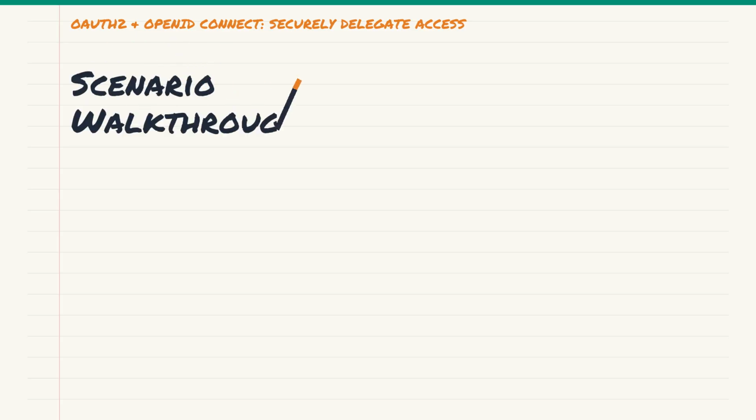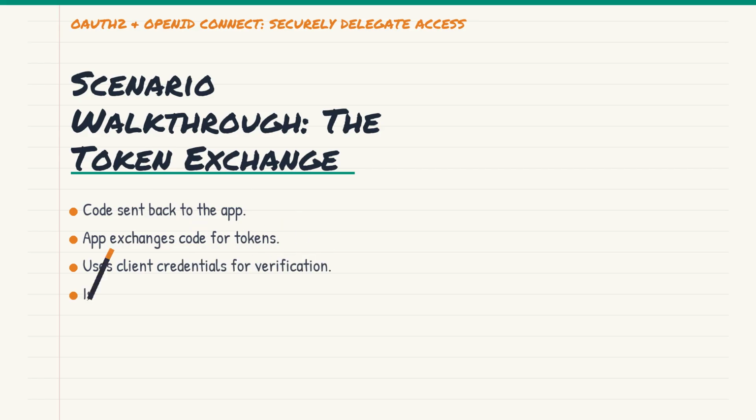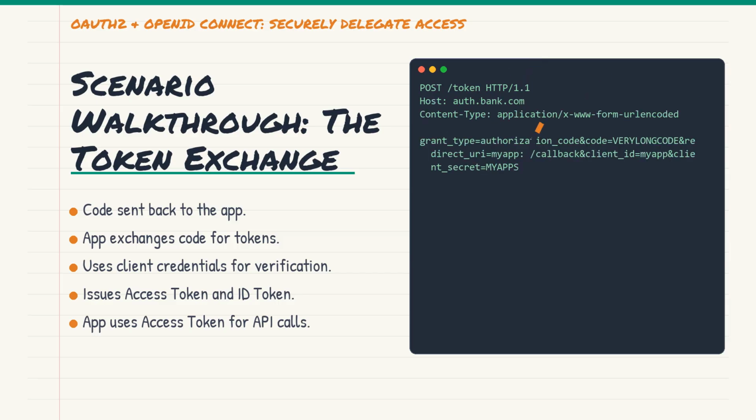Continuing our banking app scenario, after you approve the request, the bank's authorization server sends an authorization code back to Secure Bank app. This is like a temporary ticket. Secure Bank app then takes this code and sends it, along with its own client credentials, its secret identity to the bank's system, to the bank's token endpoint. The bank's token endpoint verifies the code and the client's credentials.